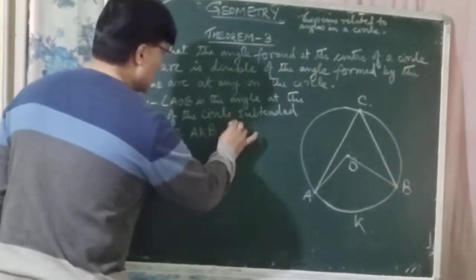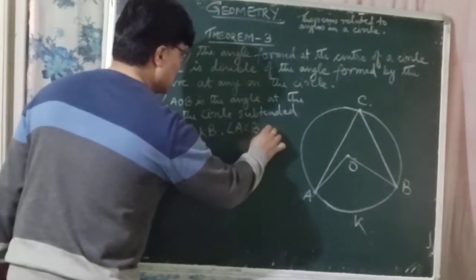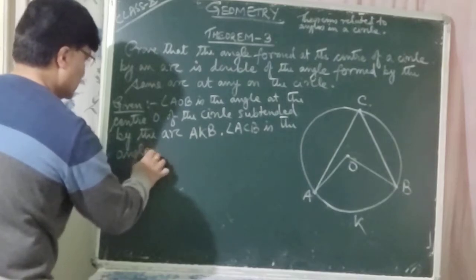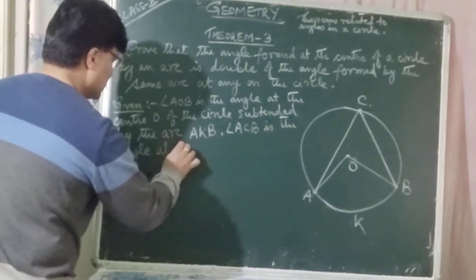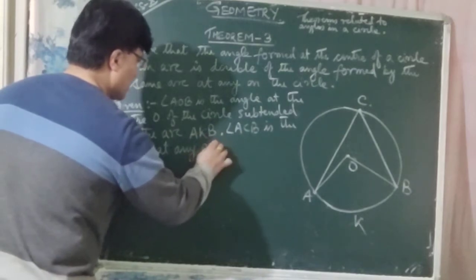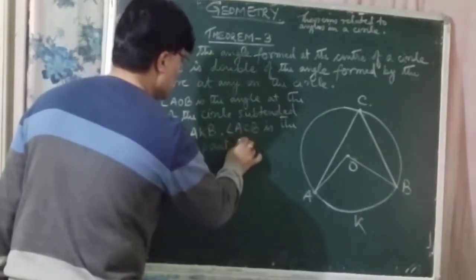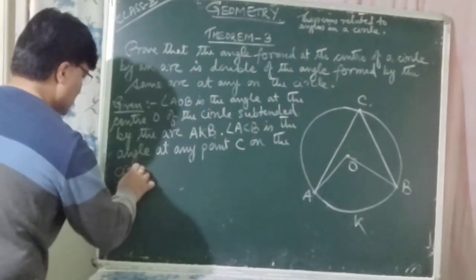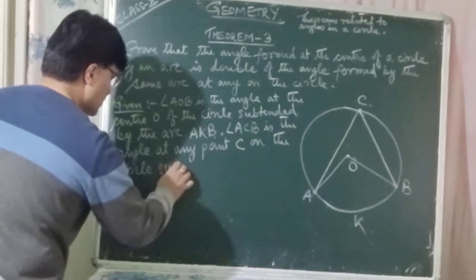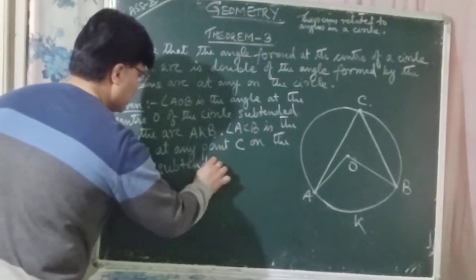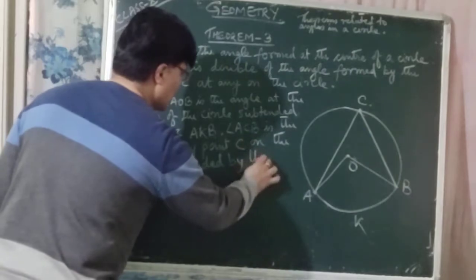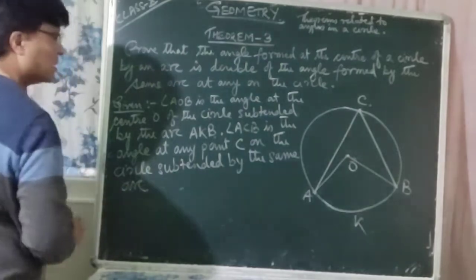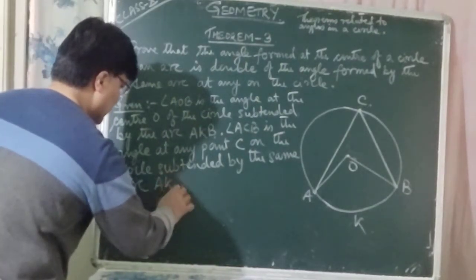So write down: angle ACB is the angle at any point C on the circle subtended by the same arc AKB.